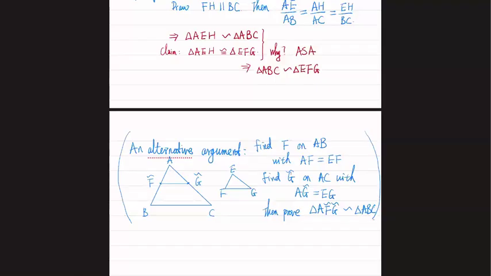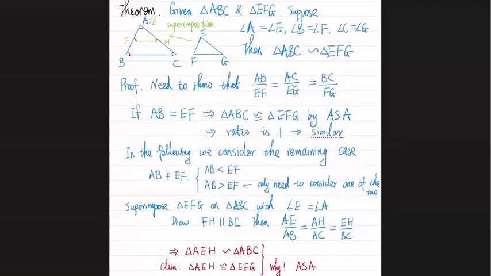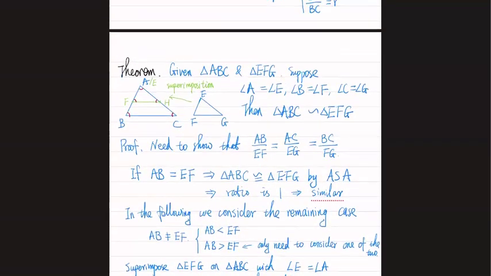Question: how come the F has a hat on top of it? That's a good observation. Previously there was no hat, because I make a copy of this over there, so I reuse the letter. I should have had a different one, so here I use H. We want to prove they are the same. This is not our assumption. This is our result.